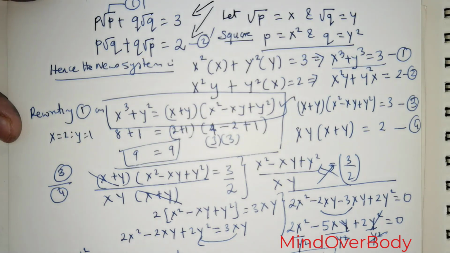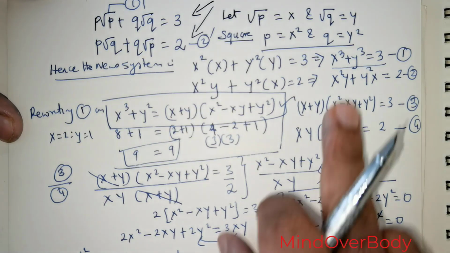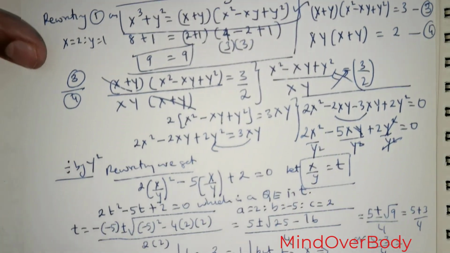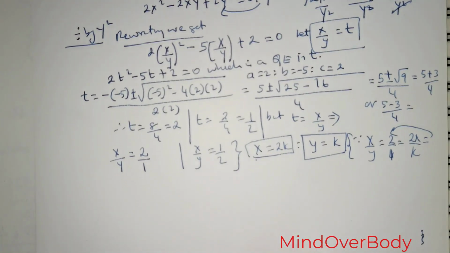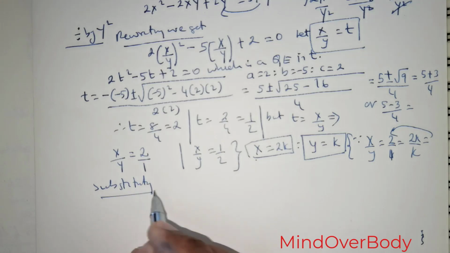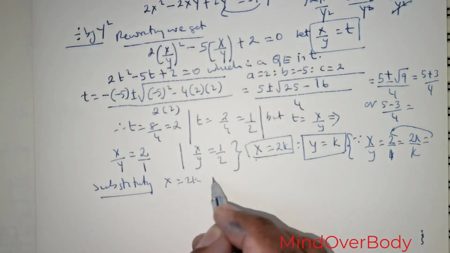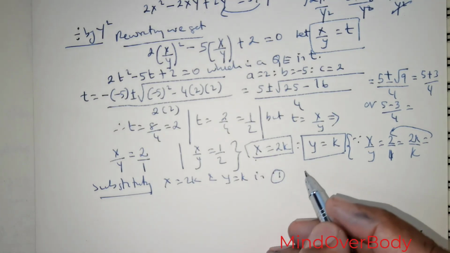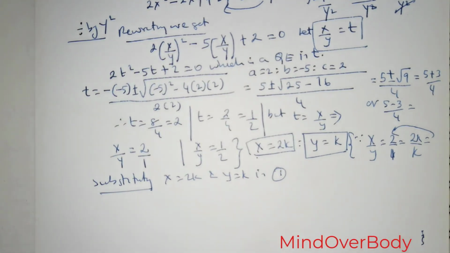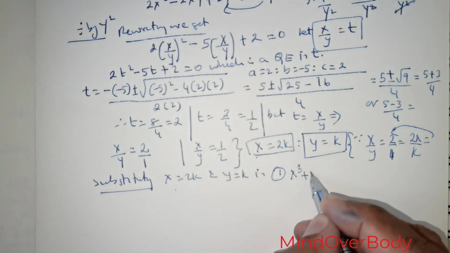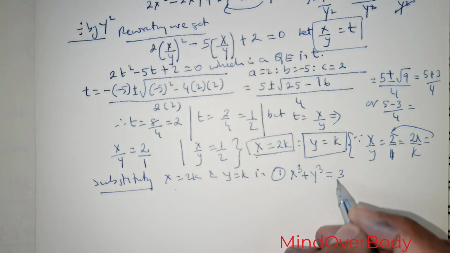I feel that is the best possible equation that would give me the values for k. So substituting x is equal to 2k and y is equal to k in 1. So what is my 1? My 1 is x cubed plus y cubed is equal to 3.